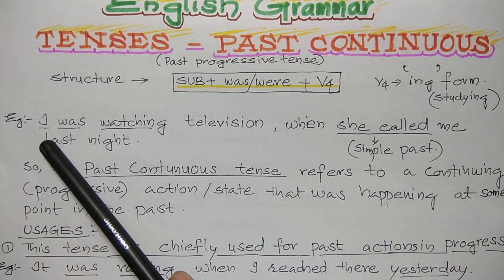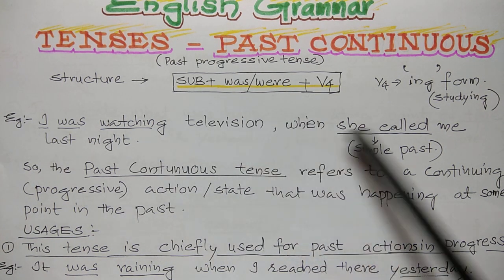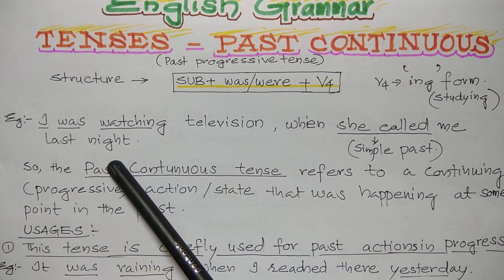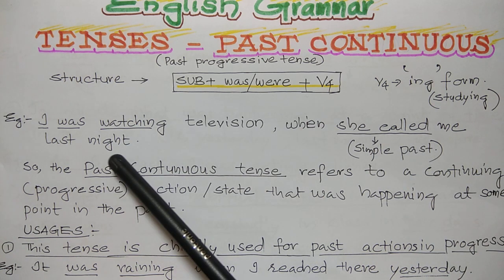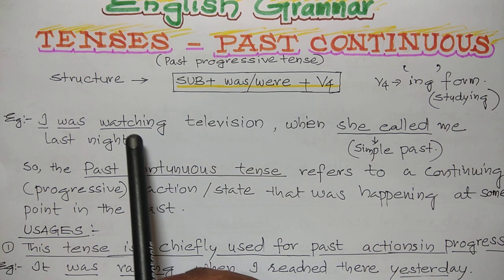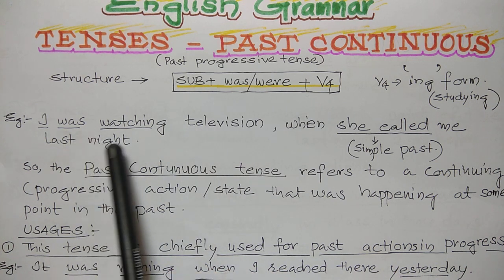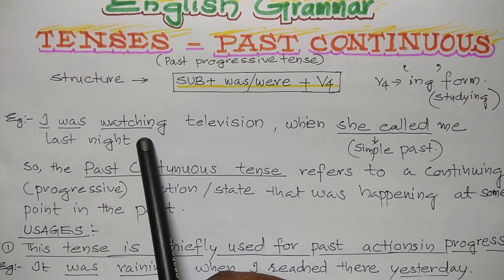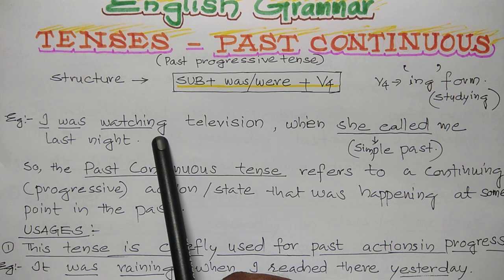See the example. I was watching television when she called me last night. So last night shows a past event. Last night I was watching television. I plus was plus the ing form of the verb watch, that is watching.